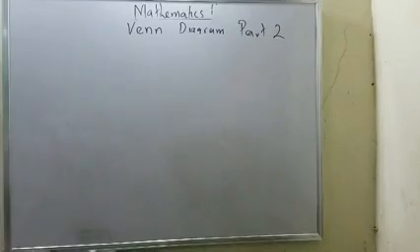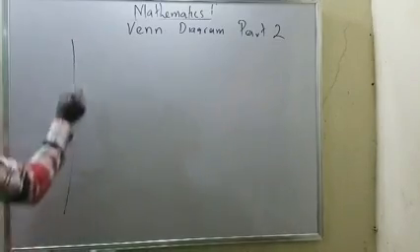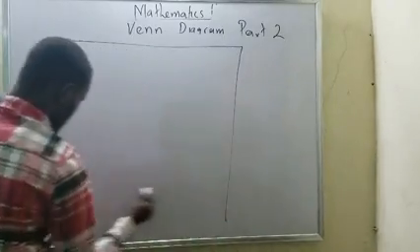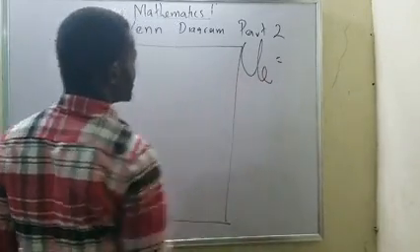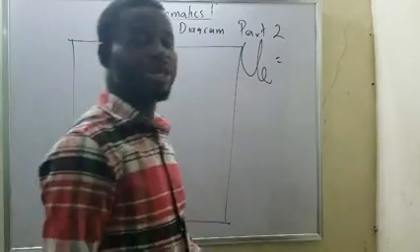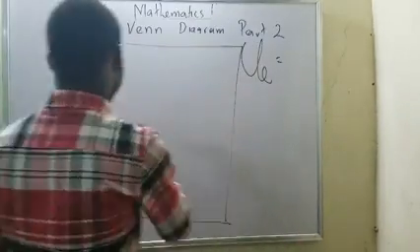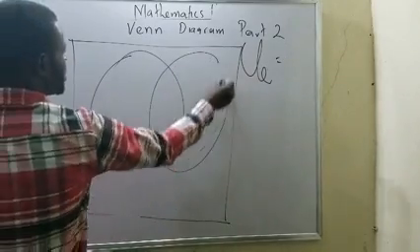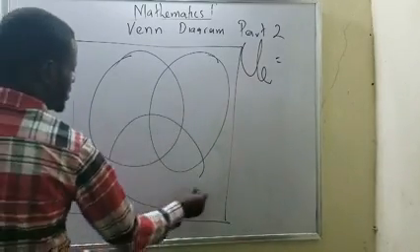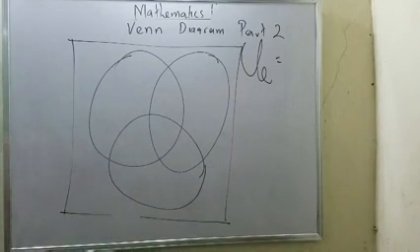Now, for instance, when I talk about three sets, I'm referring to something like this. This is the universal set. It's a container that contains the whole set. Now, this is a set, this is another set, this is another set. That is what I mean by three sets.